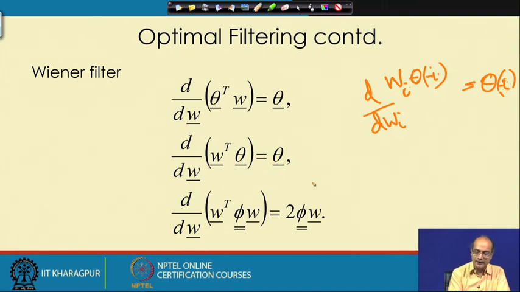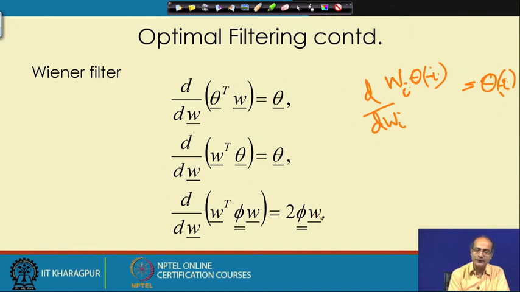Okay. And for the last term, involving the autocorrelation matrix, we get phi W. Okay.